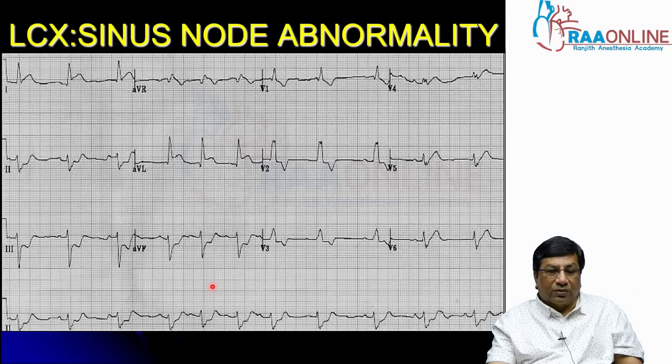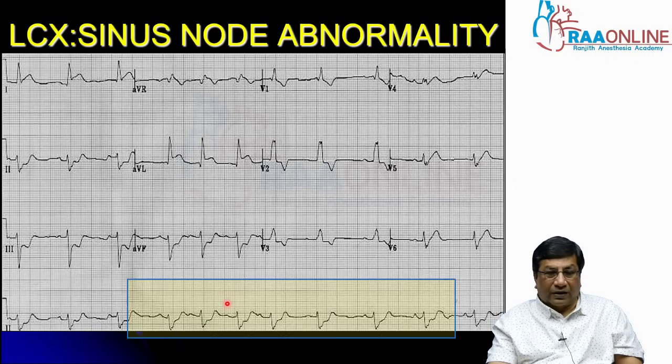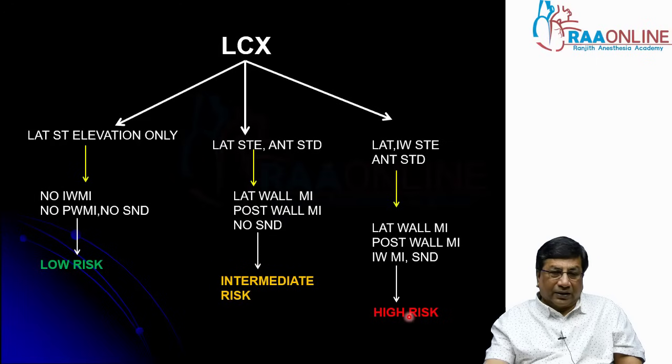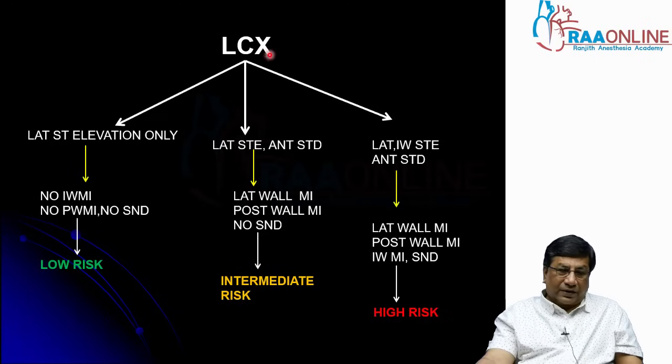So it is going to be a very proximal circumflex occlusion, or even a left main lesion will produce a high lateral infarction or a circumflex infarction with sinus node abnormality. Once again, a very high risk feature of circumflex infarct. So you can see the RR interval is quickening here, the RR interval is delayed here, telling you it's a sinus arrhythmia.